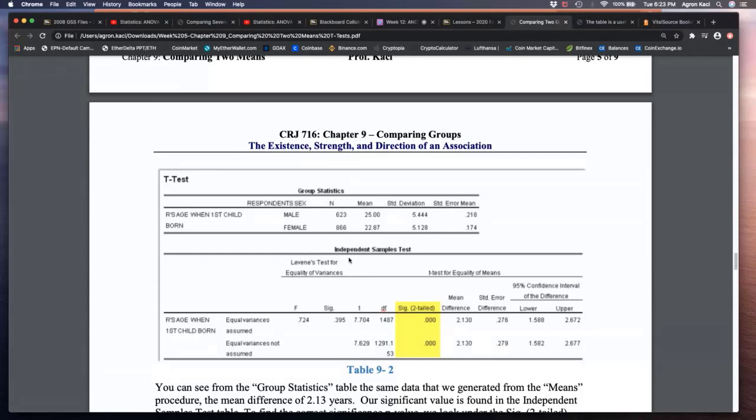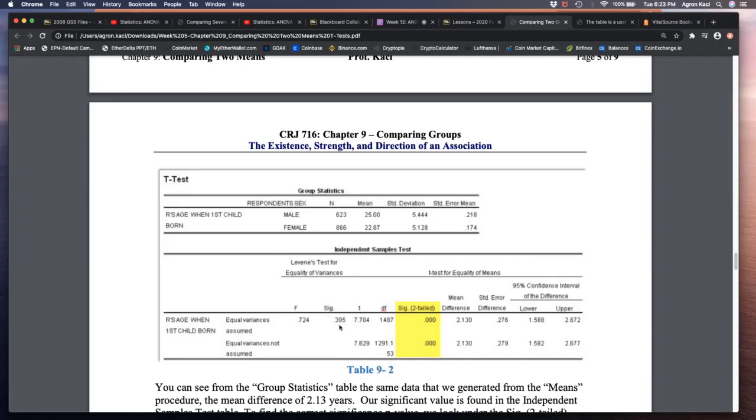If you have a horizontal line here that would separate the Levene's test from the t-test, it'll be right here. And so the Levene's test, this area right here, is only to show you where to look: equal variance is assumed or equal variance is not assumed. If the Levene's test significance is greater than 0.05, then you look at the equal variances are assumed.